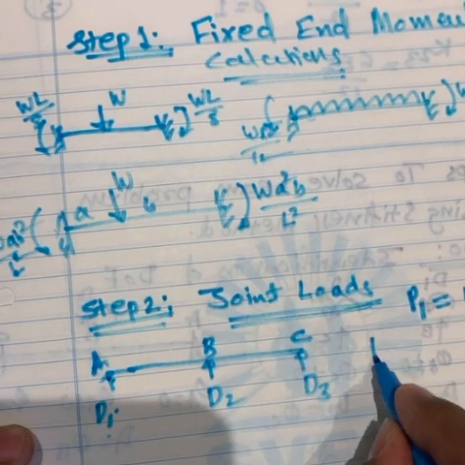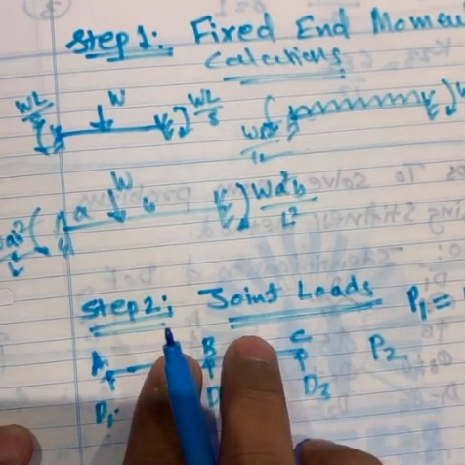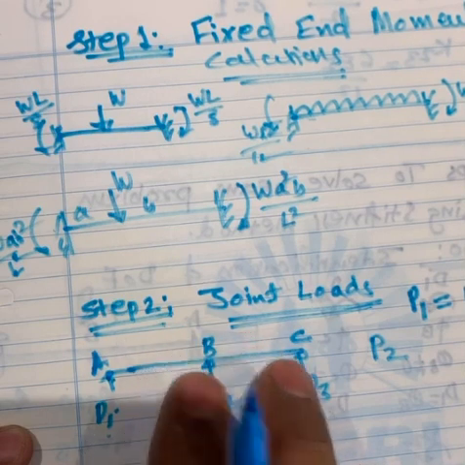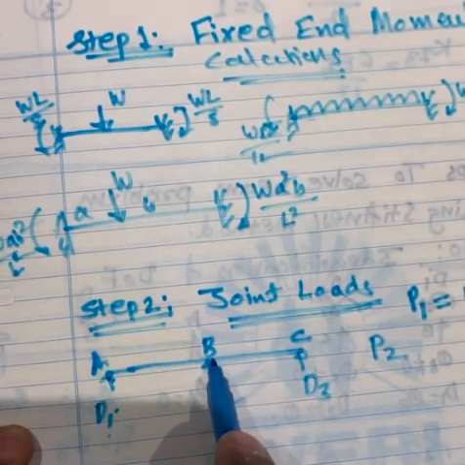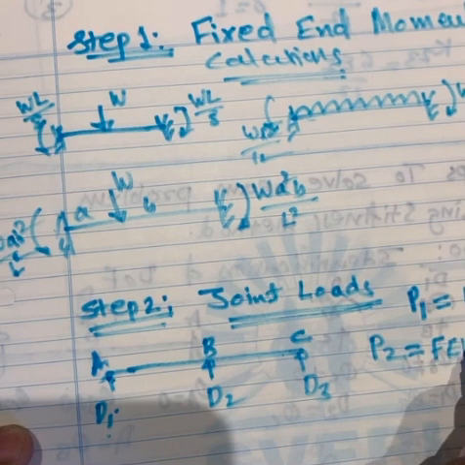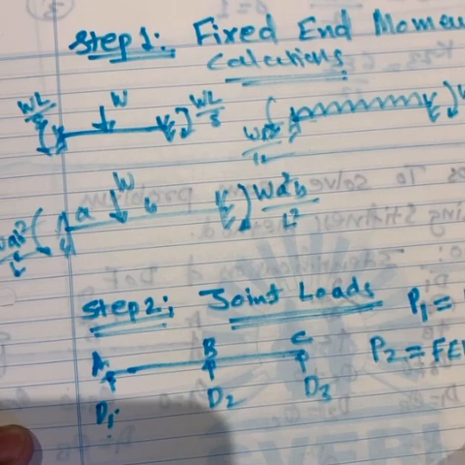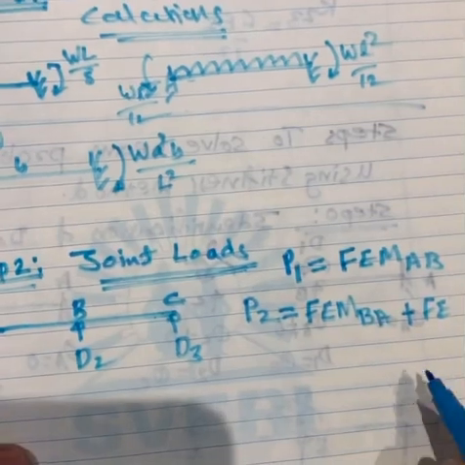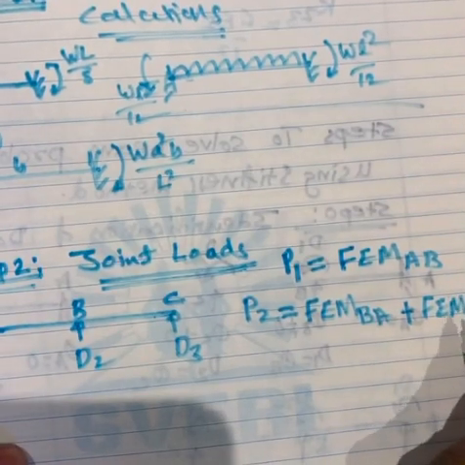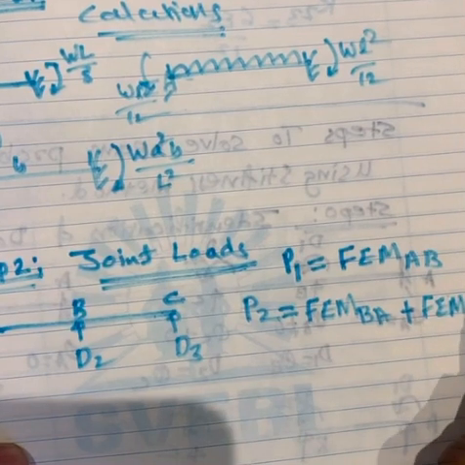So what will be P2? That is the joint load here. There are two members contributing, BA and BC. So it will become PM BA plus PM BC.